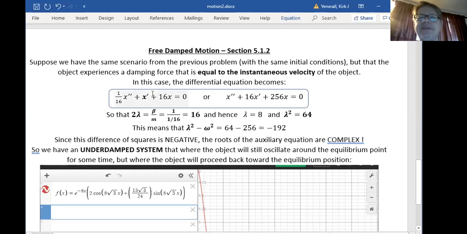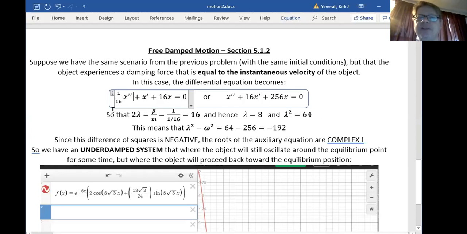And what that means is that for our differential equation, we have this new middle term, which is usually plus beta times x prime. So here it's just plus x prime. So the differential equation that was mass times x double prime plus kx equals 0 now has this extra term.